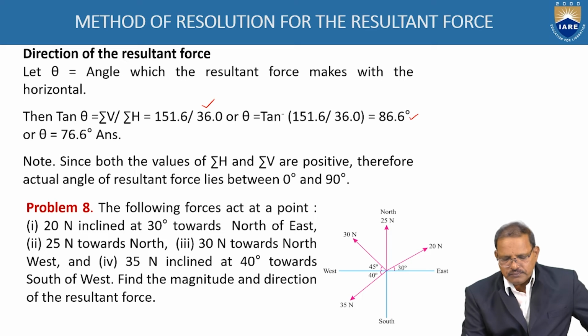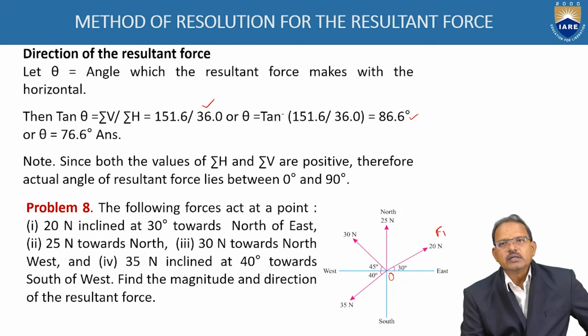Now another problem. The following forces are acting at a point O as shown in the figure. The first force F1, which is equal to 20 newtons, is inclined at 30 degrees toward the north of east.